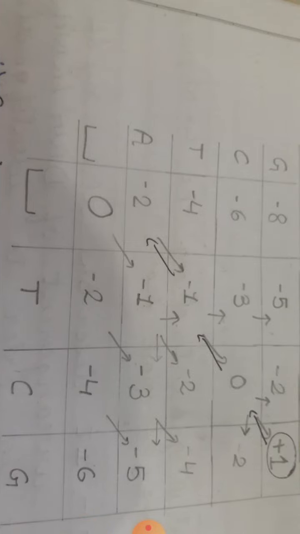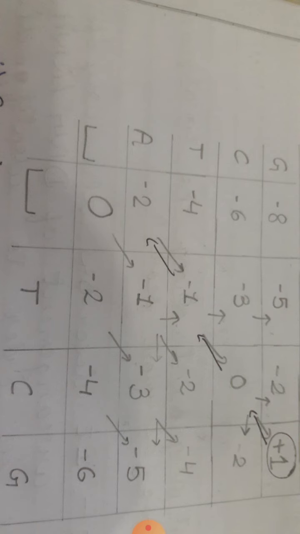Then move to 0. Looking for the corresponding nucleotides, its row and column tell us the nucleotides C and C. So just write down C and C. Now move to -1 because we are tracing back.